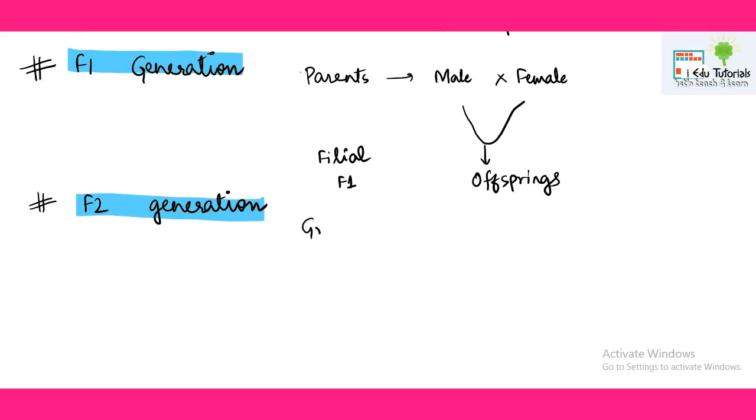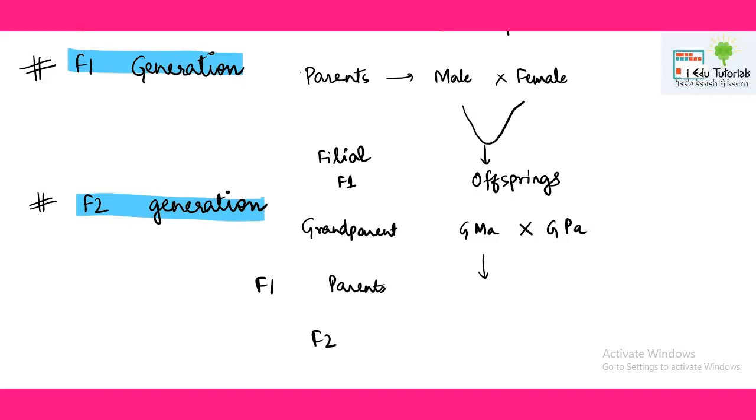Now let's start with grandparents. Grandma and grandpa, by sexual reproduction, have produced the parents. So our grandparents are the parental generation. They will produce the F1 generation, and when the F1 generation interbreeds or sexually reproduces, it will produce the F2 generation.